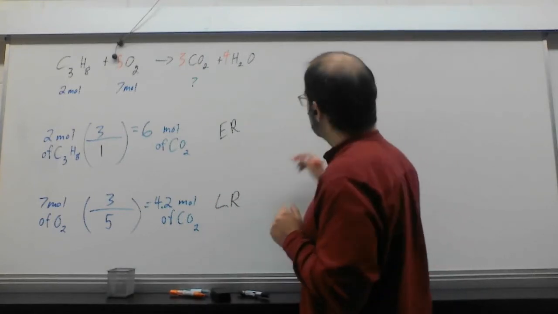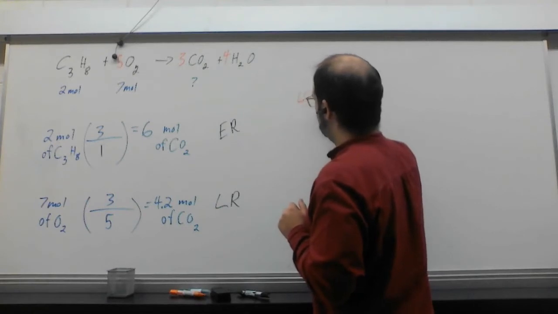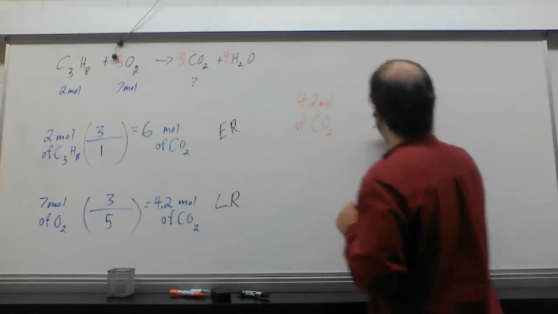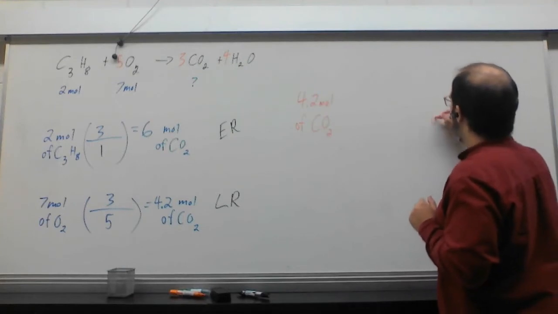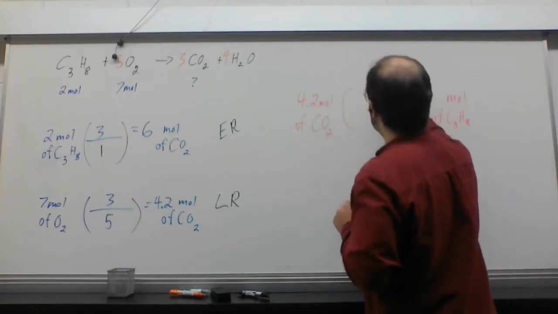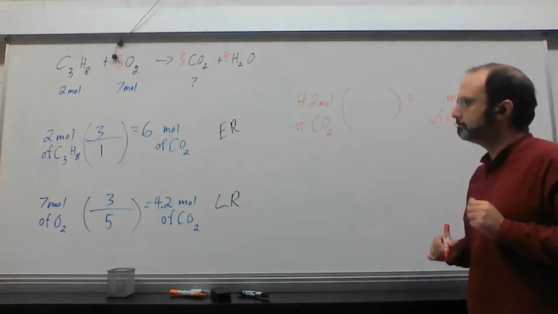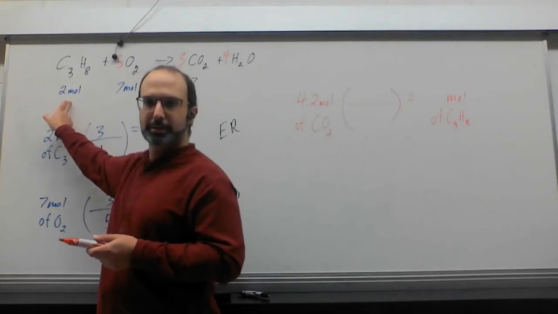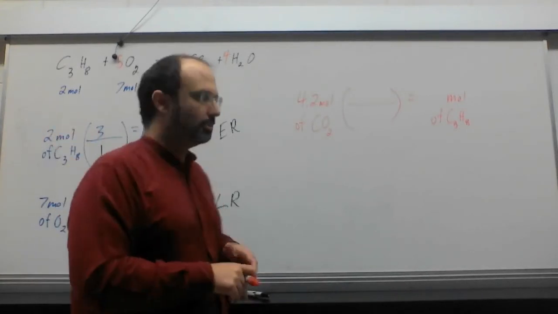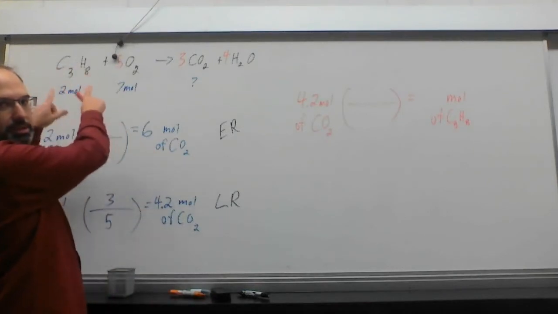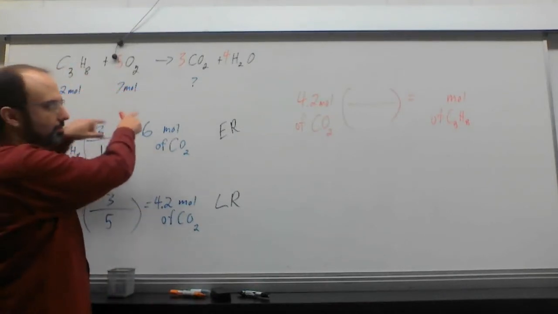So we are starting with 4.2 moles of CO2. And I want to know how many moles of C3H8 do I need to use to make that? So this is just stoichiometry going from here to there. Now, how do we get this original 4.2? We got it by figuring out which of these two over here was the limiting reactant and then converting it.